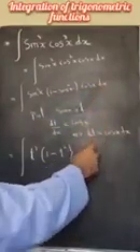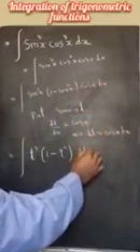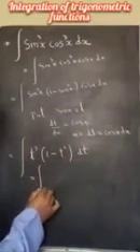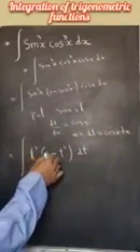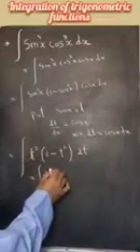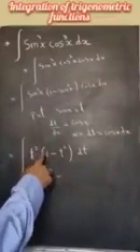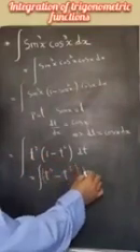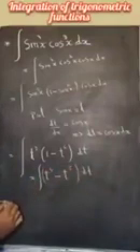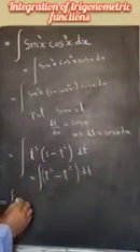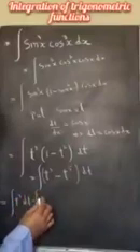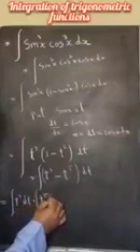Then cosine of x dx, we write dt, that is further equal to integral t cube into 1, that is t cube, minus t cube into t square, that is t raised to power 5 dt, or that is equal to integral t cube dt minus integral t raised to power 5 dt.